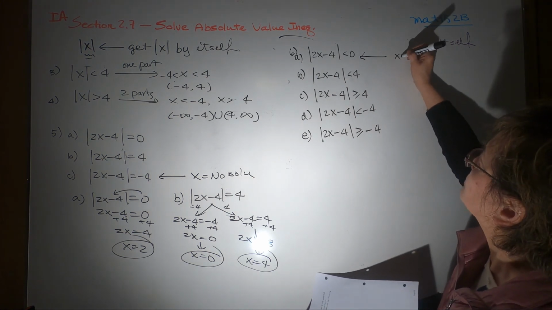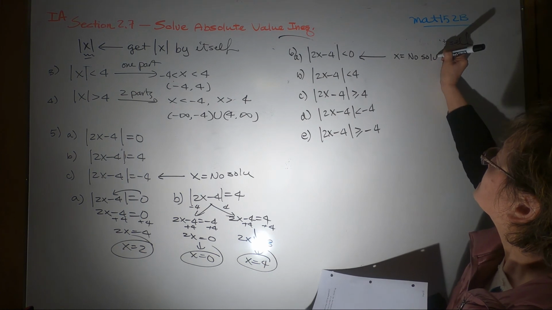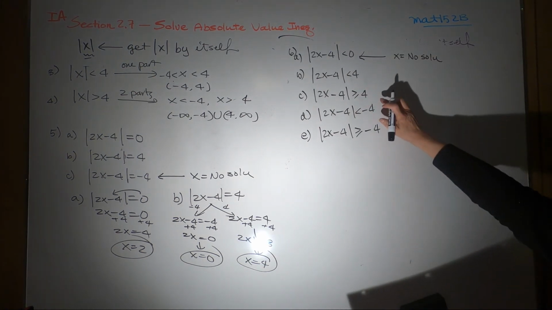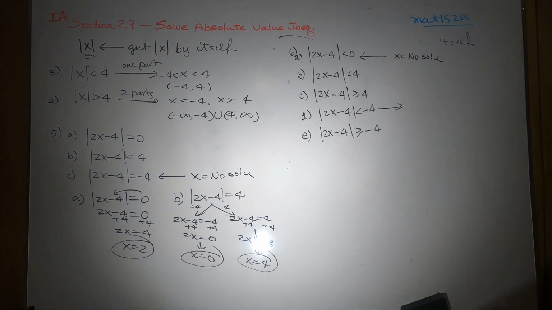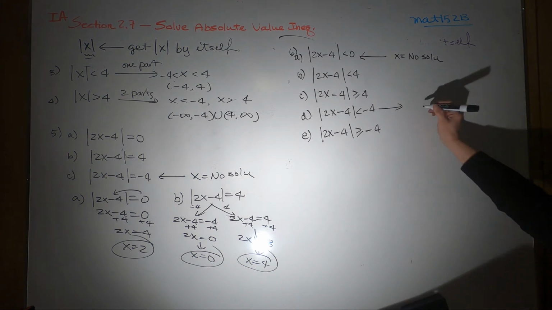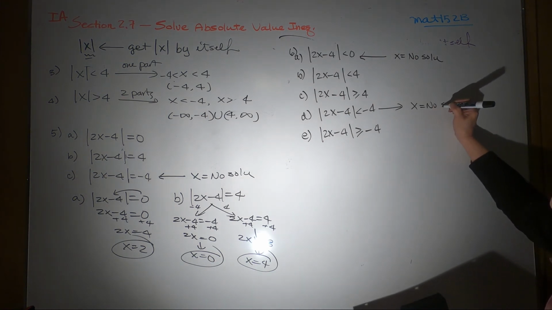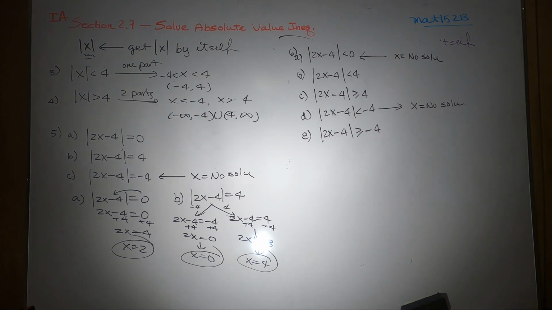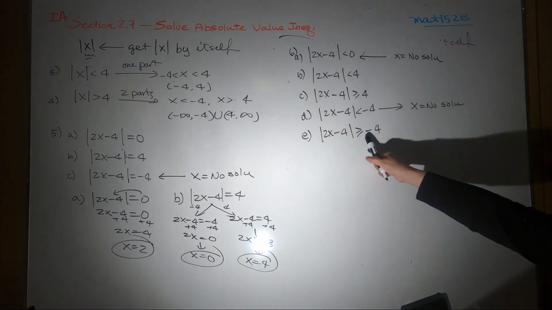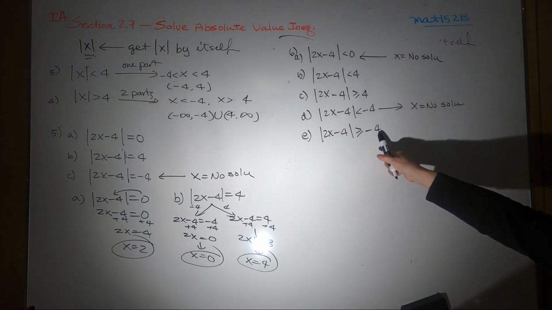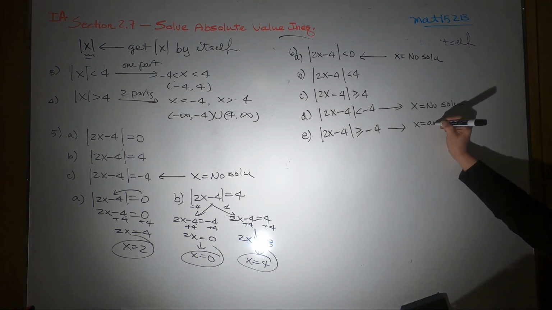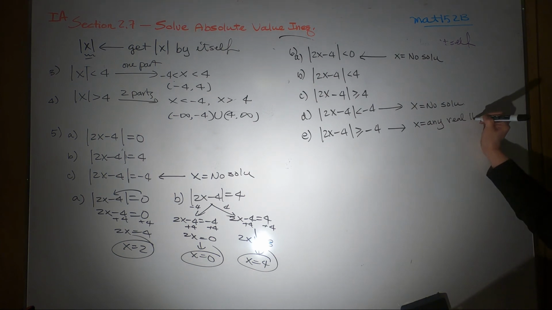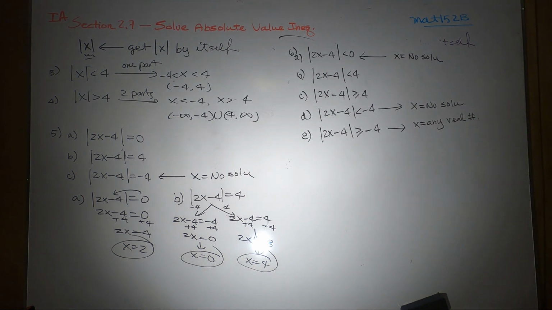It can't, right? So here is no solution. Absolute value equals positive or 0, right? So this one is no solution. Then for this one, can absolute value be greater than or equal to a negative number? Of course, either 0 or positive. So x can be what? Any real number, right? For those conditions.